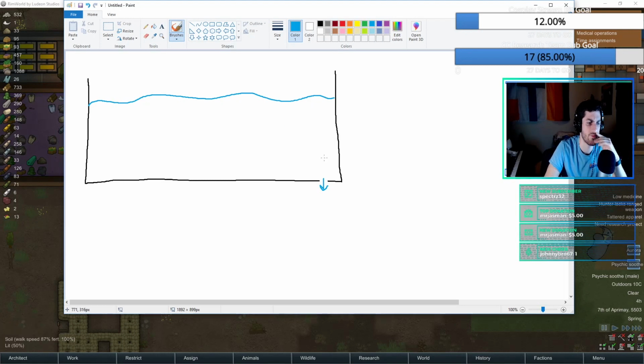Assuming that, okay, let's just assume that this is how it's set. Let's assume that it just drains like this. We'll even make it even.